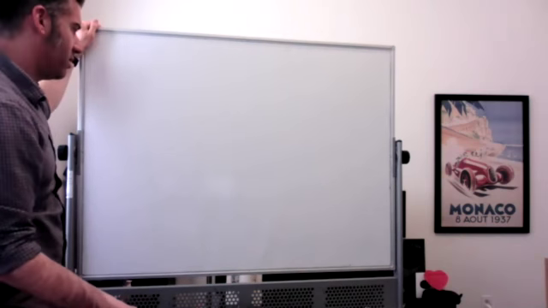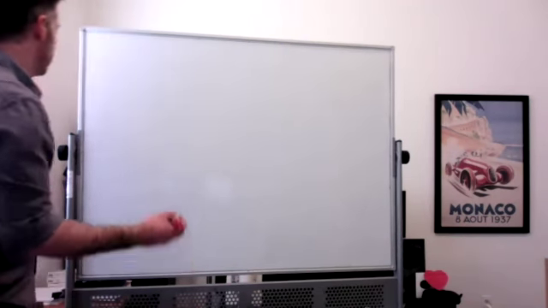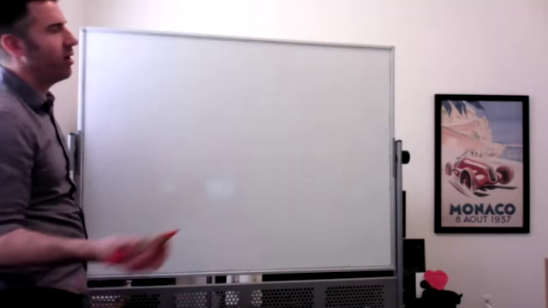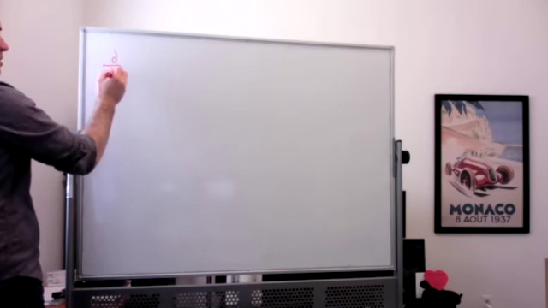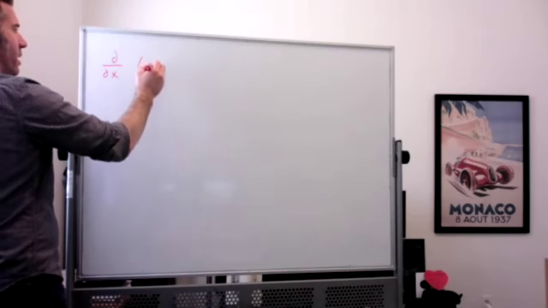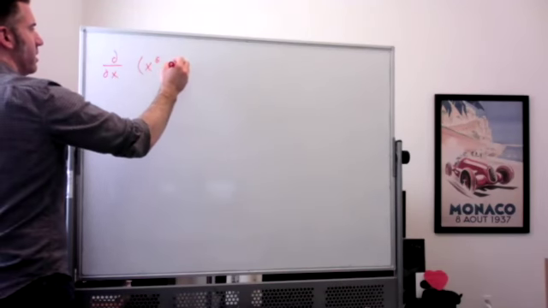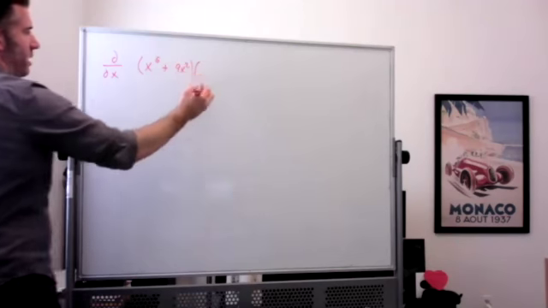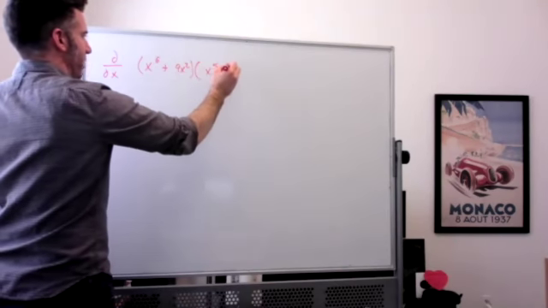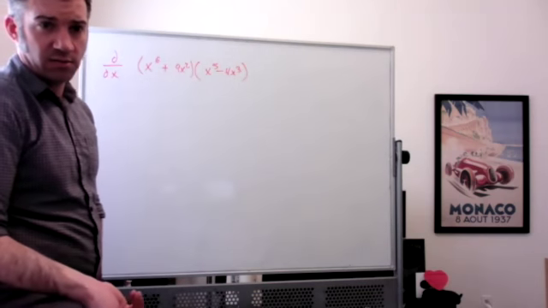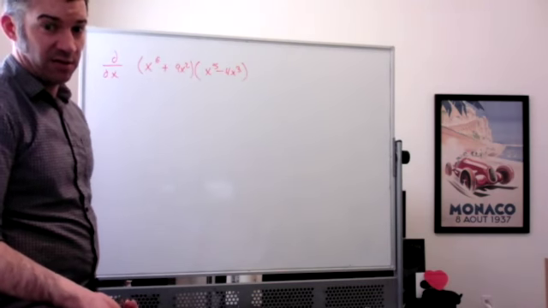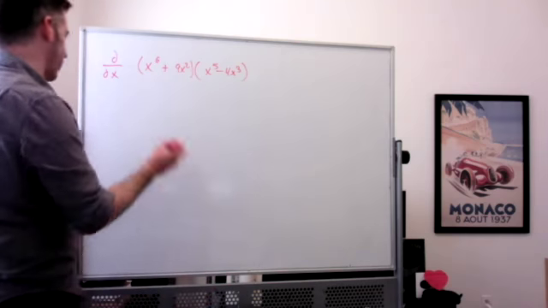Yeah, let's also talk about the quotient rule. Actually, for the product rule, we could do a couple more examples. For example, I could ask, what's the derivative of x to the sixth plus 9x squared times x to the fifth minus 4x cubed? Normally I would multiply it out before I use the product rule, but we could also use the product rule.